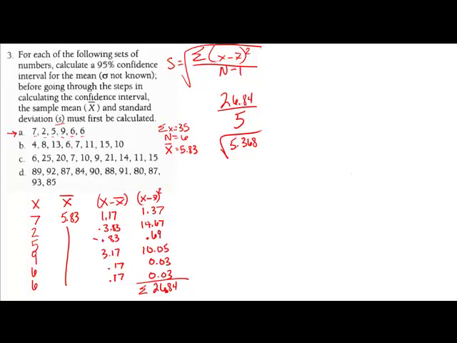Remember, turn your phone sideways for the square root button. 2.316. So let's call that 2.32. So my value for S is going to be 2.32.